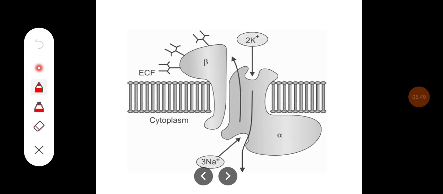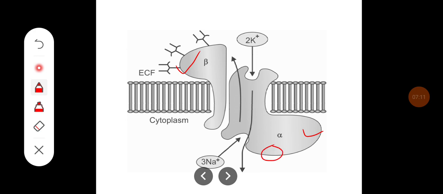This is the diagram of the sodium potassium pump, where you can see the alpha subunit and beta subunit. Most of the binding sites for sodium and potassium are present on the alpha subunit, inside and outside, and there is also a binding site for ATP intracellularly.